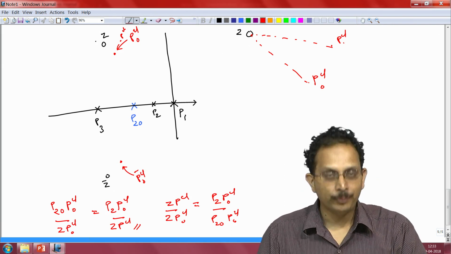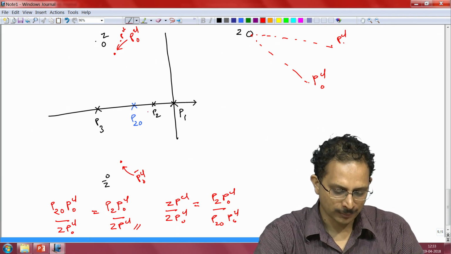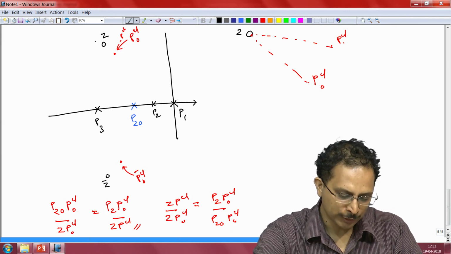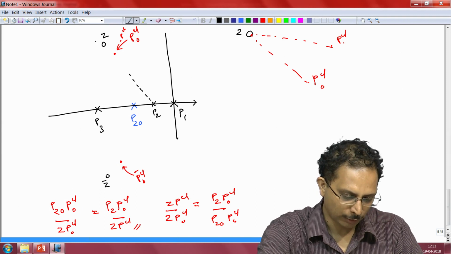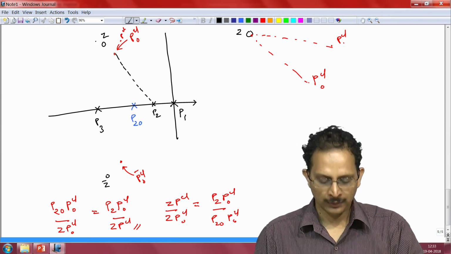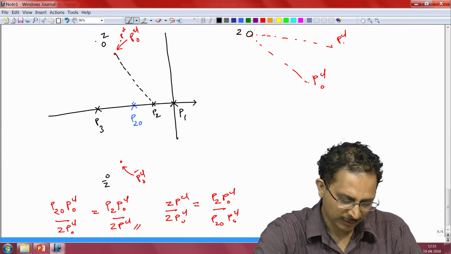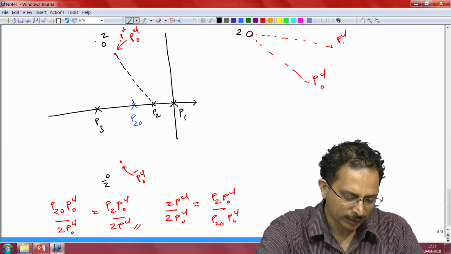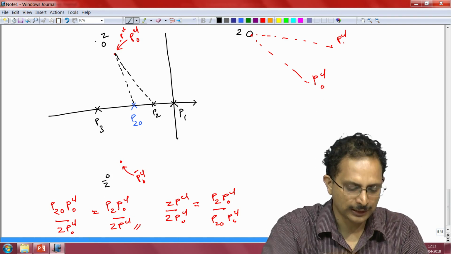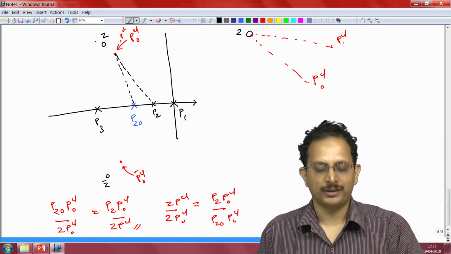The term P2 PCl naught represents the complex number that connects the point P2 to the point PCl naught. It is this complex number. Likewise, the term P2 naught PCl naught represents the complex number that connects the point P2 naught to the point PCl naught, which is that complex number.